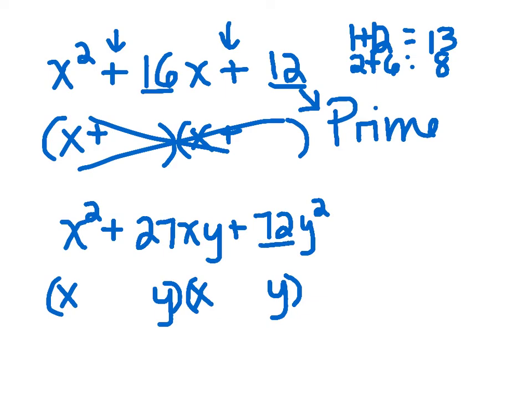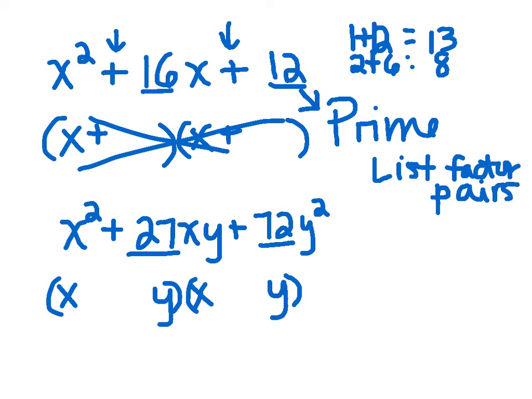Now I know I'm looking for numbers that multiply to 72 and add to 27. And for many of us, that's not going to be that obvious to begin with. So when you get stuck, list your factor pairs and then check to see which ones add up to what you're looking for, if any. If none do, then it's prime.